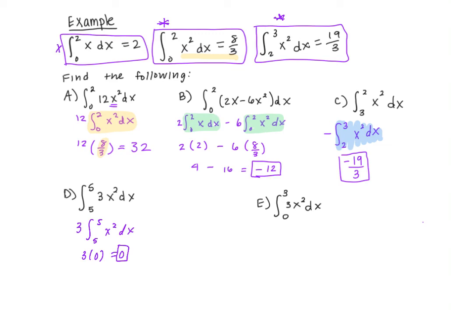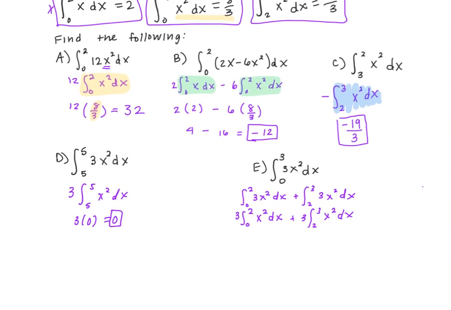So I'm going to go from 0 to 2, 3x squared, and then from 2 to 3, 3x squared. And then I'm going to take out the constants, 3 from 0 to 2, x squared dx, plus 3 from 2 to 3, x squared dx.